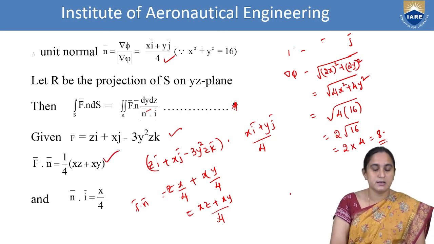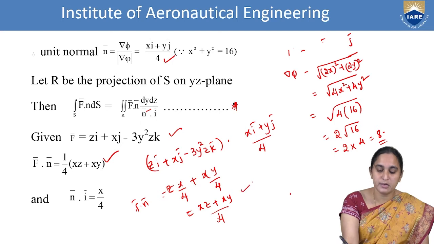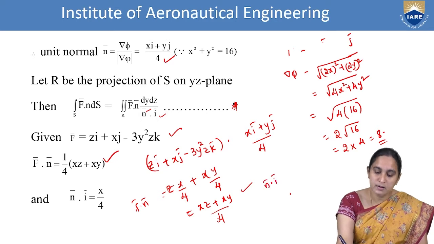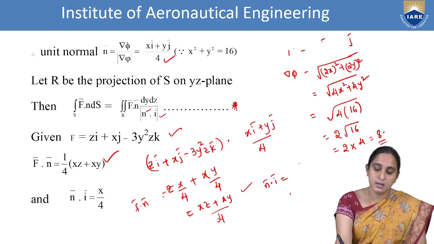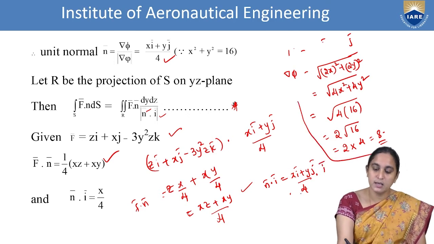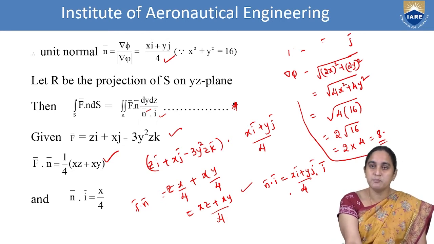Right? And next, what about n bar dot i bar? In that formula, I'll take first F bar dot n bar, and after that I'll take n bar dot i bar. What is n bar here? The unit normal vector, x i bar plus y j bar by 4, dot i bar. If these two are also vectors, how to multiply both?